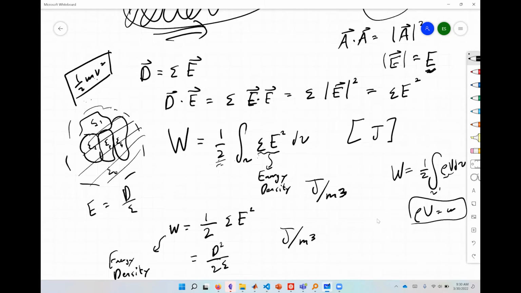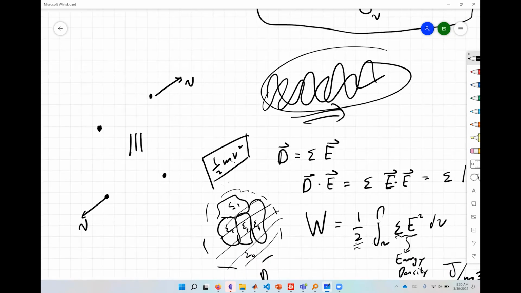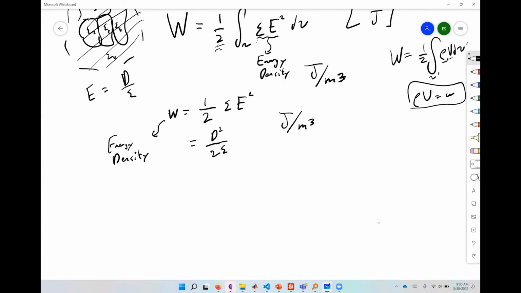In mechanics, if you have two particles and one particle is going up at a velocity v, this is equivalent to this particle being stationary and the other particle moving away at velocity v. Because those two configurations are completely equivalent, that's the reason the half appears. This is a similar symmetry argument to where we said it doesn't matter what order we bring in the charges, which causes this half to appear.